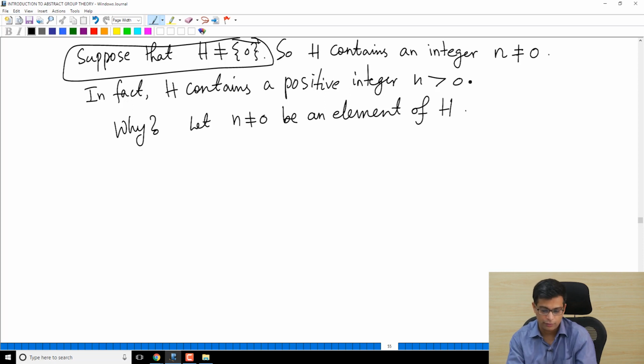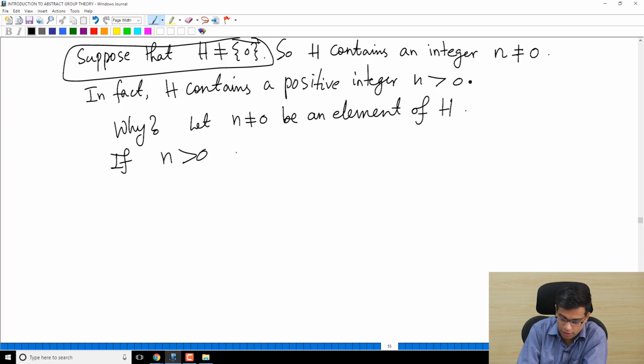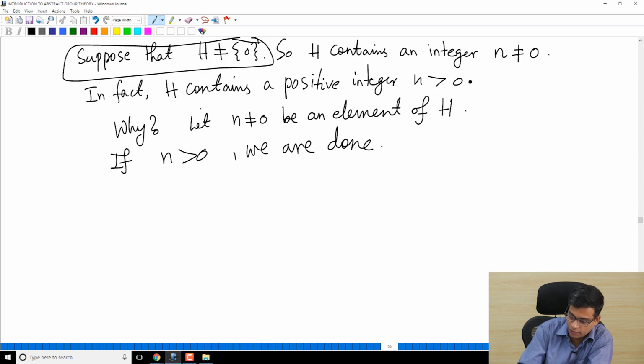The H equal to 0 case I have already settled. So, H is not equal to the single element 0, so it contains an element n which is different from 0. If n is positive, we are done, in the sense that we are done with this statement. I am trying to prove that it contains a positive integer. So, if n itself is positive, we are done.